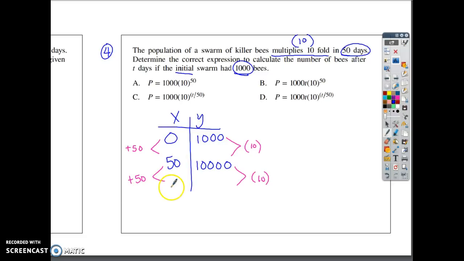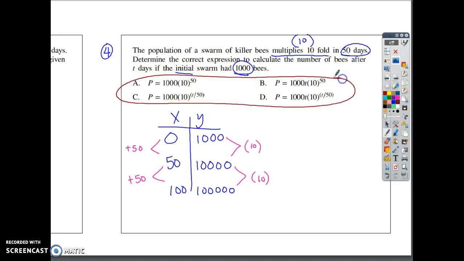So 50 plus 50 is 100 days later. Multiply 10,000 by 10, now it's 100,000. Okay? Then you're going to put these answer choices, put them all in y equals, second graph, and see which one gives you this table.